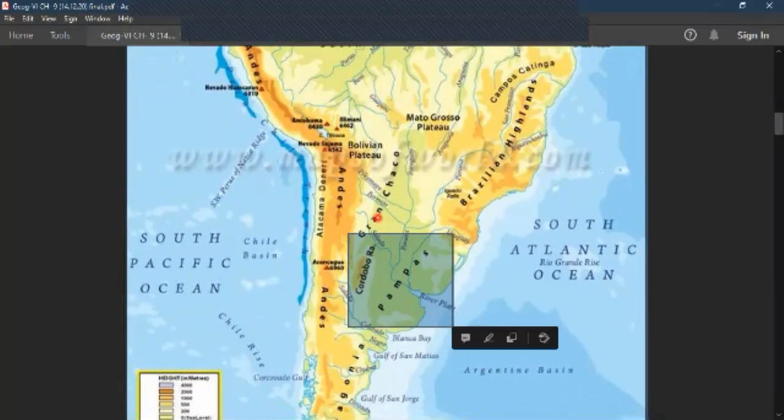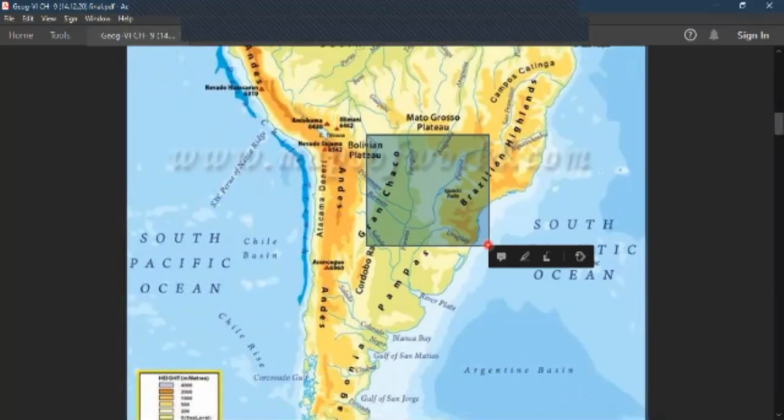The Parana, Paraguay, and Uruguay lowlands include the Gran Chaco region. It is a vast alluvial region which is not drained well and becomes marshy during the rainy season. Clear?